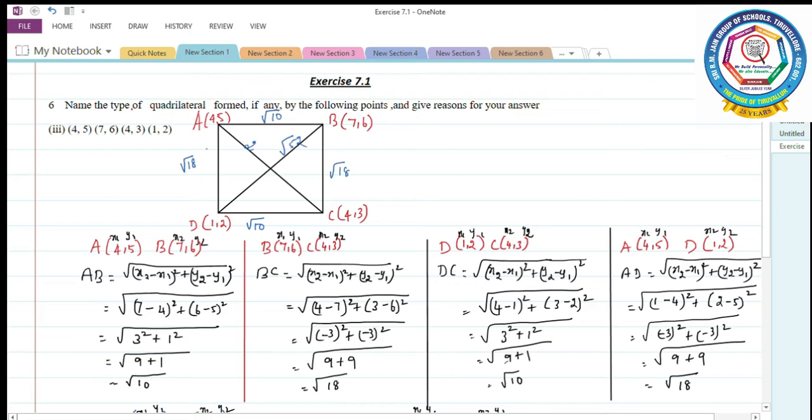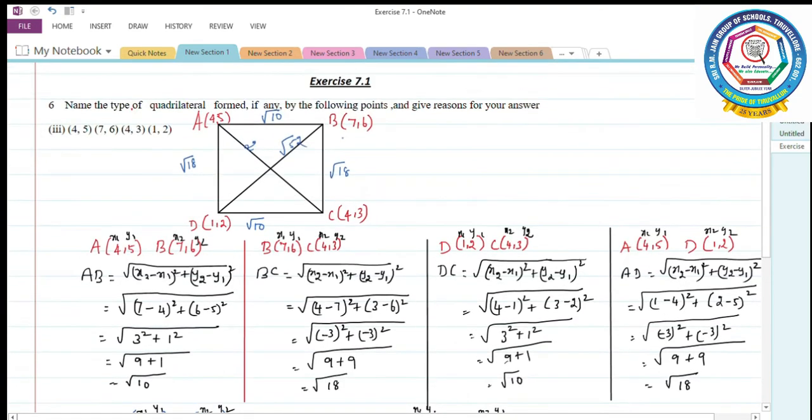So which type of quadrilateral is this one? Opposite sides are equal, diagonals are not equal. In a quadrilateral, opposite sides are equal, diagonals are not equal. What special type of quadrilateral?